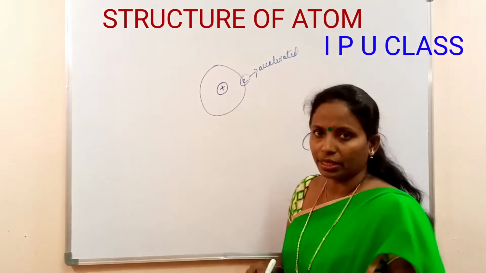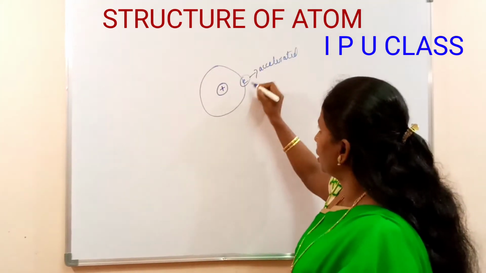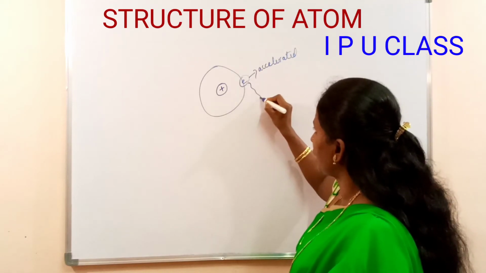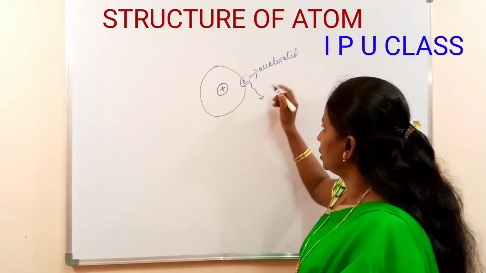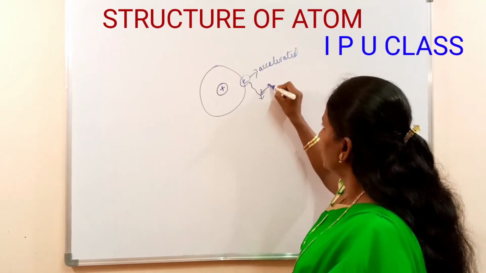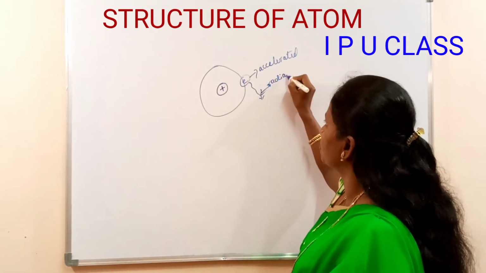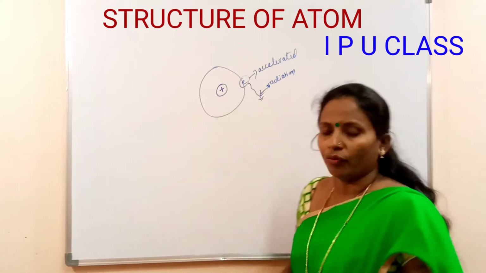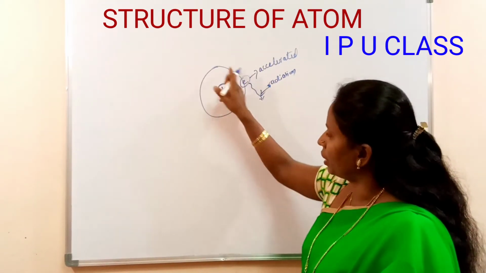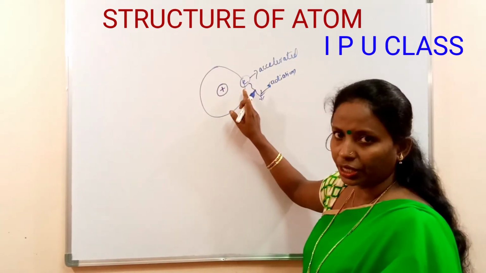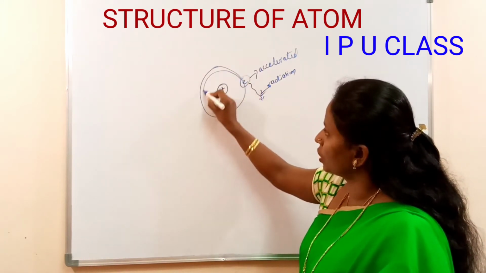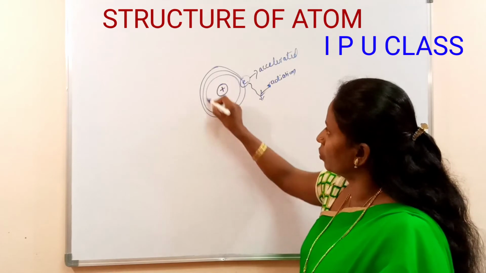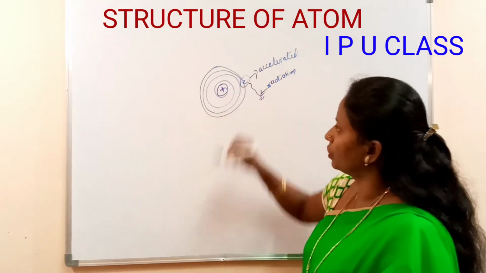When a charged particle is under acceleration, it emits energy. It loses its energy in the form of radiation. When the electron is under revolution, if it loses energy, then due to centripetal force it falls into the nucleus.